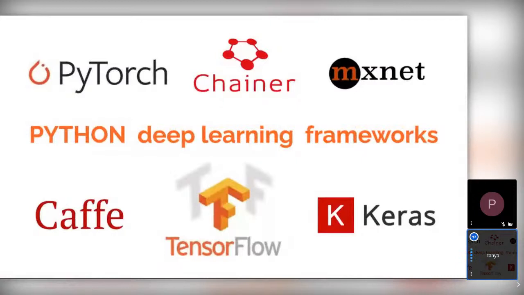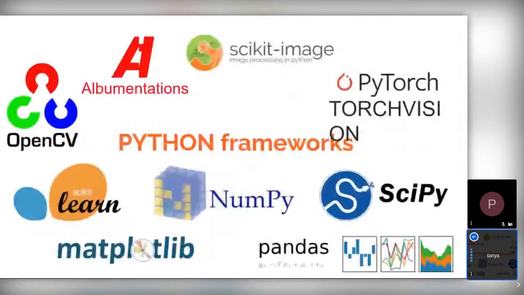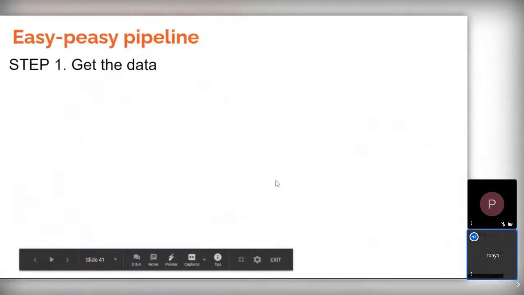And all you need to do is just to construct your programs like a Lego from those building blocks. So Python has a lot of deep learning frameworks like PyTorch, TensorFlow, Keras, and it also has a lot of other frameworks that help in computer vision tasks like OpenCV, Albumentations, torchvision, NumPy, sklearn, and so on.